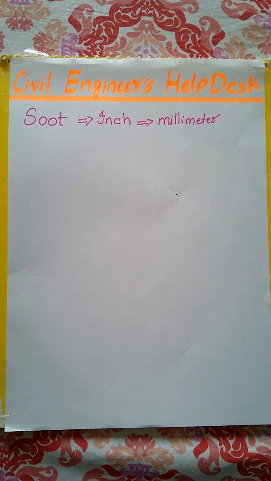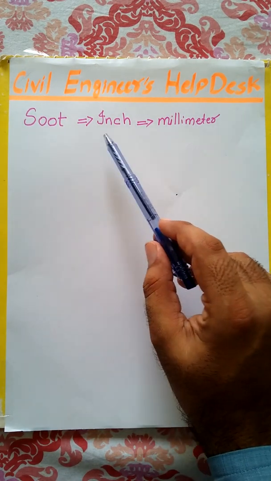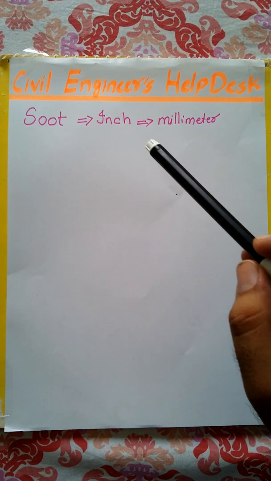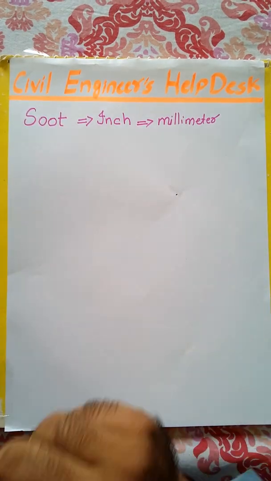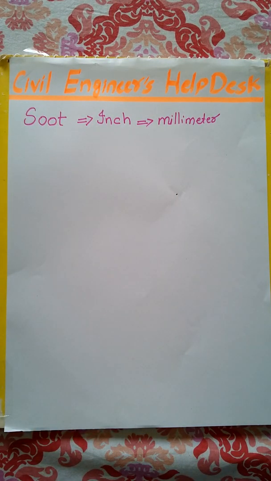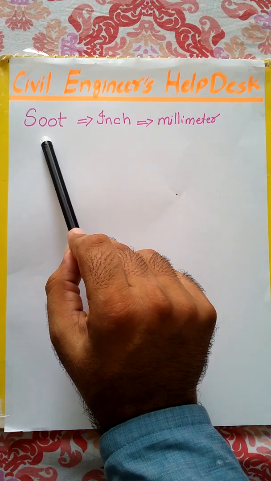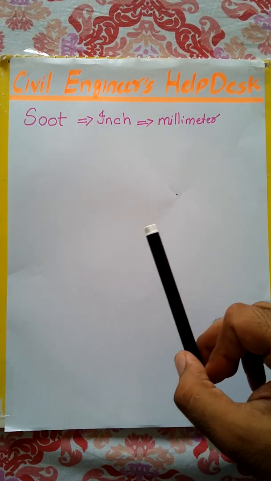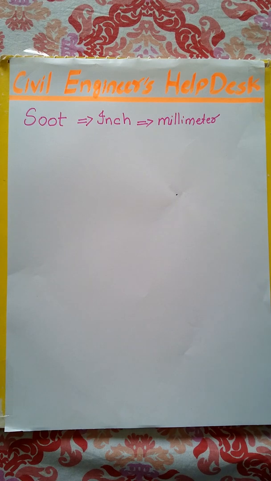Viewers, today we have a very important topic, which is Sooth, inches and millimeter conversion. On the practical side, during execution, we sometimes use this unit Sooth because our vendors and laborers understand Sooth rather than inches and millimeters.